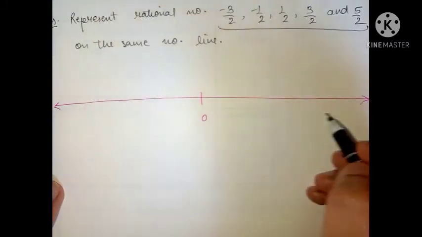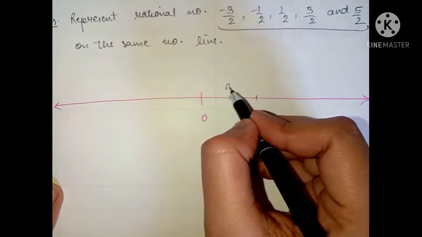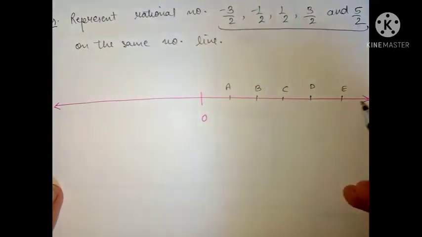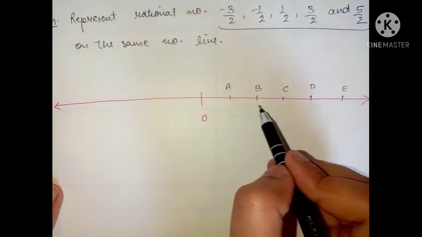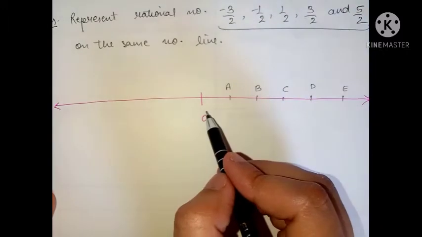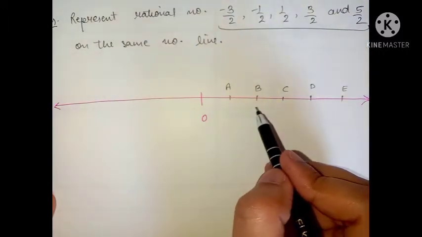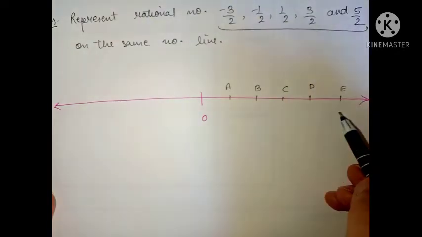On the right hand side of this 0 we have to mark the points like this. Suppose we name them as A, B, C. On the right hand side of the 0 we are marking these points, but keeping in mind that these are at regular intervals, at equal distances. That is, the distance OA is equal to AB, and BC is equal to AB, and every distance is equal to each other.